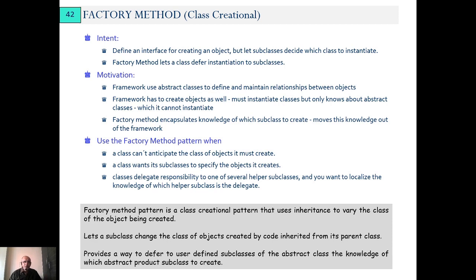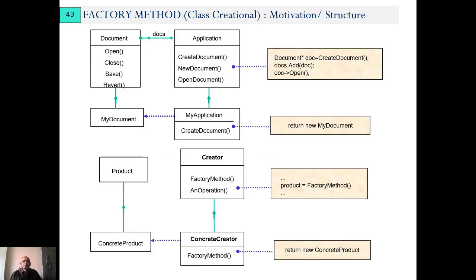So we have to use the factory method when a class can't anticipate the class of objects it must create. This is a figurative kind of assessment of what is to be triggered. How many subclasses would be instantiated? So helper subclasses will be arising here in this case, because you work on the inheritance principle.